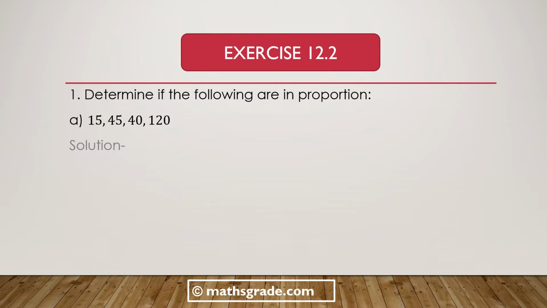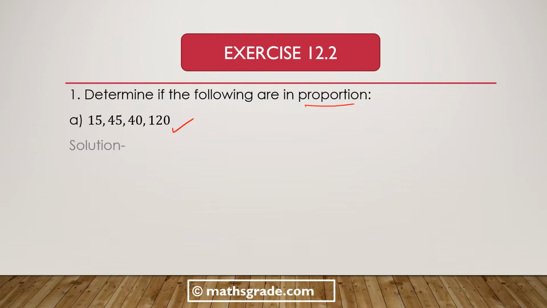Now question number 1, determine if the following are in proportion. We have to check these sets of numbers are in proportion or not. 15, 45, 40 and 120. These numbers are in proportion or not, we have to check.